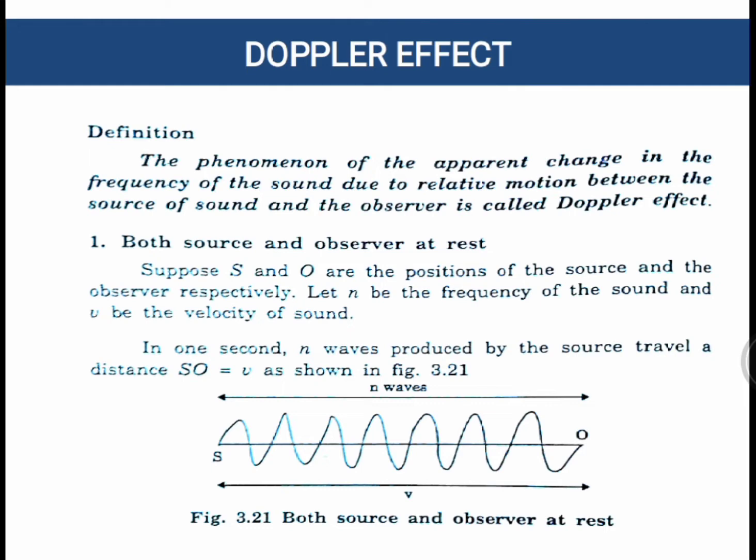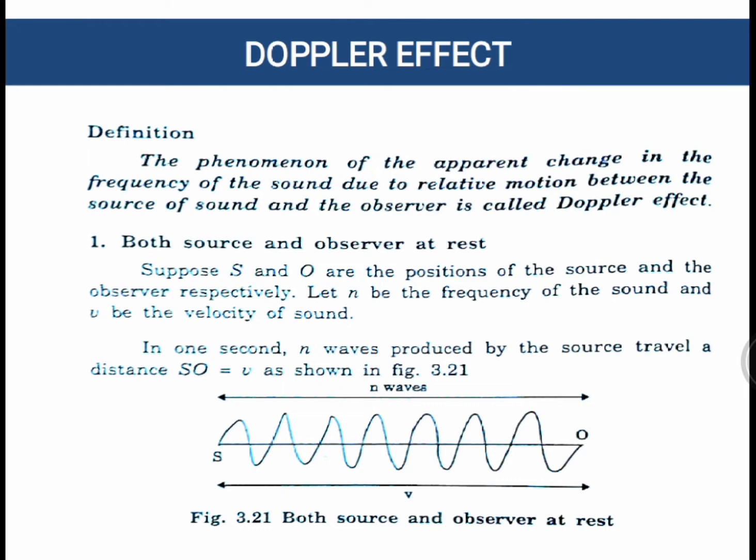In the first condition, both source and observer are at rest. Suppose S and O are the positions of the source and the observer respectively. Let N be the frequency of the sound and V be the velocity of sound.